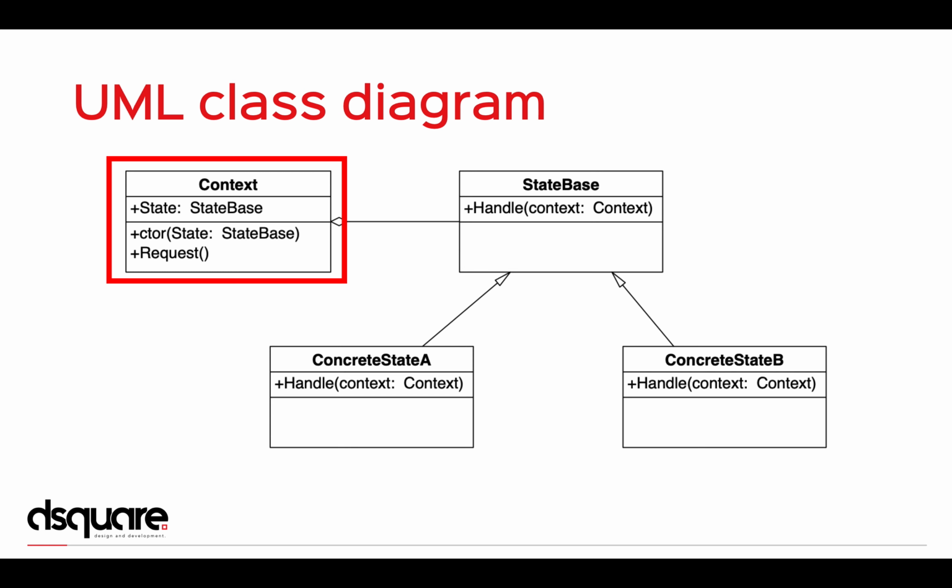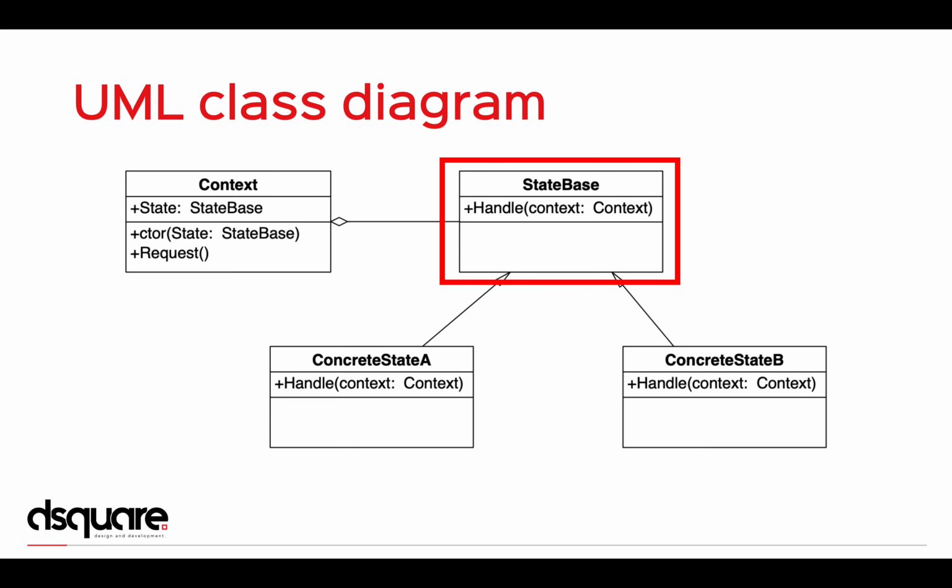Then we have the context. The context in the state pattern is the name of the entity of which the states are interchangeable. You will see that the context has an object of type state base. You'll also see that state base has an object of type context.